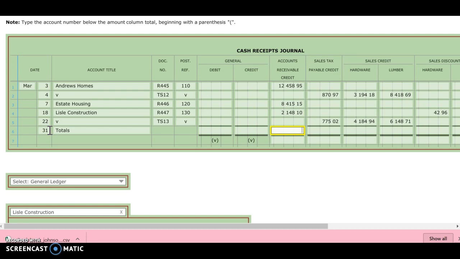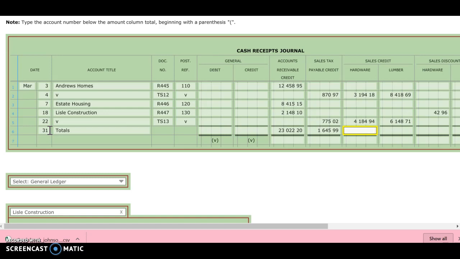My accounts receivable, I'm going to add those up. So my balance for my accounts receivable credit should be $23,022.20. Okay, next one, my sales tax payable credit, $1,645.99.